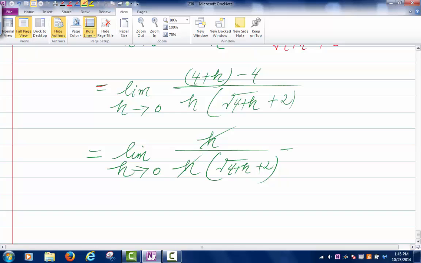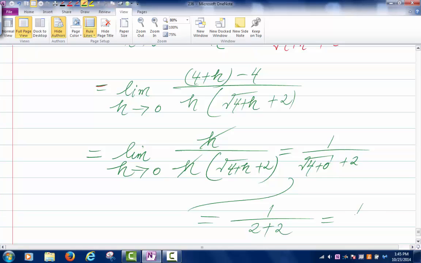H cancels out, plug in 0, you get root of 4 plus 0 plus 2, and that is equal to what? 1 over 2 plus 2, right? Okay, just wanted to do an example of what I mean by finding the derivative by using the limit definition.